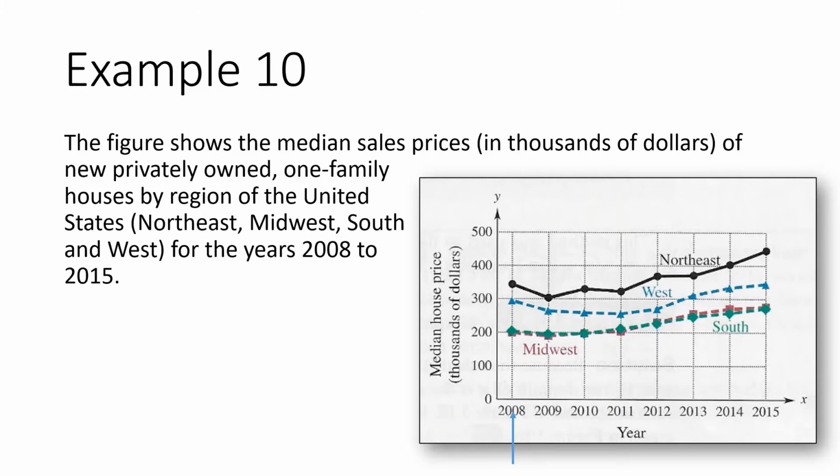In both regions, prices declined initially, but by 2012, the prices had rebounded, and the gap between the two regions shrunk to less than $50,000. By 2015, the gap had widened again to about $75,000.